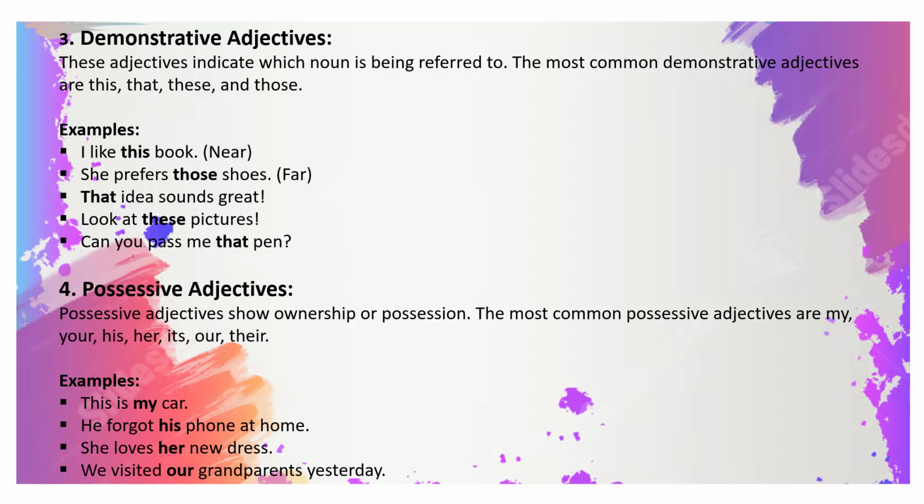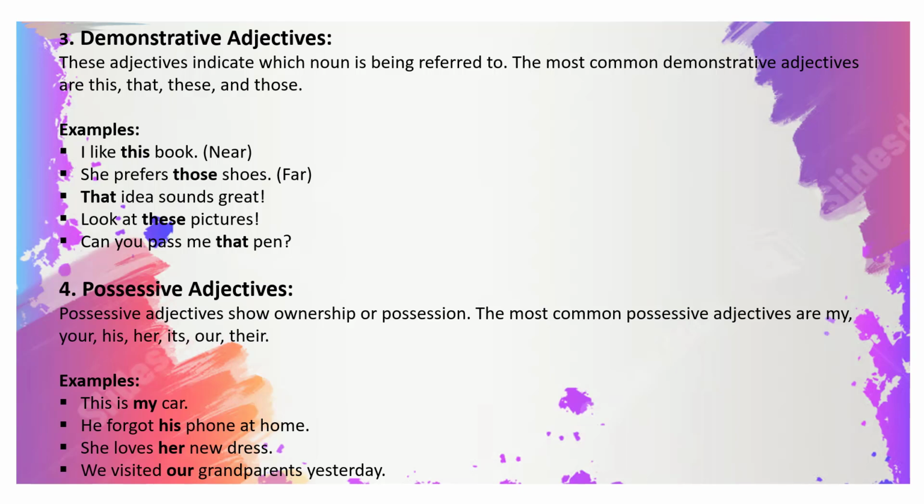This is used for things that are near us, and those is used for things that are far from us. That idea sounds great. That is also used for things that are far away. Look at these pictures. These is used for near places or near objects. Can you pass me that pen?